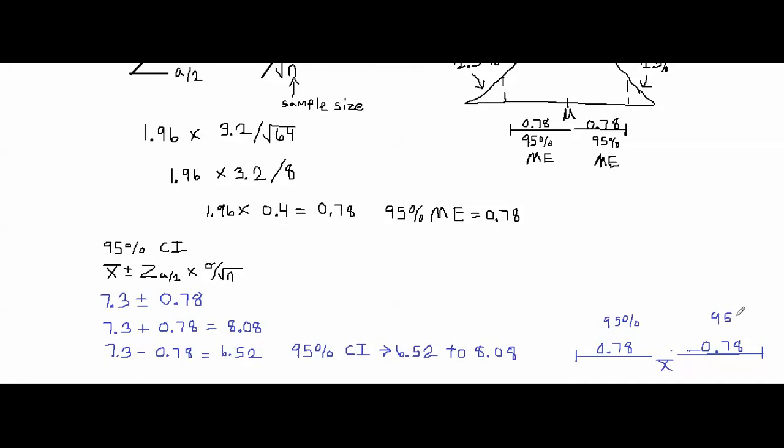So this is my sample mean of 7.3. This is the lower end, which is 6.52. This is the upper end, which was 8.08.